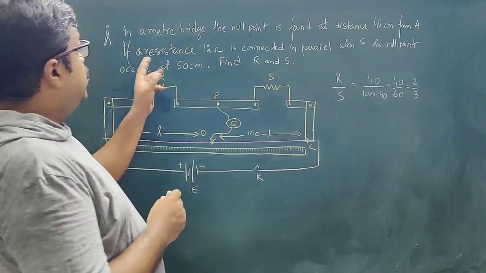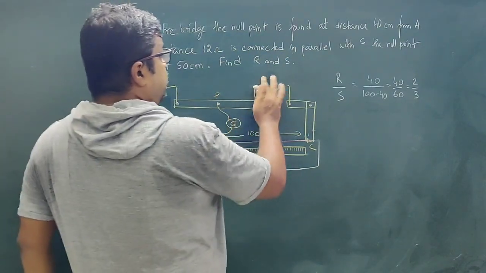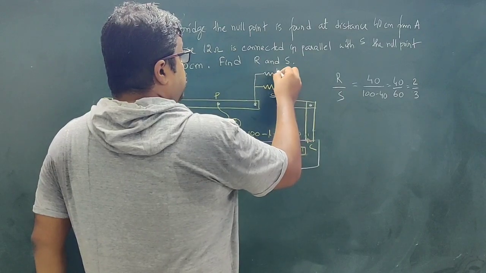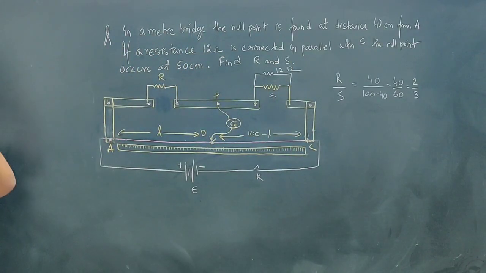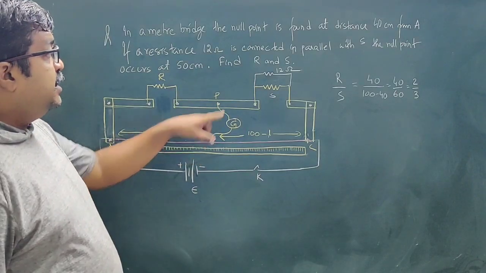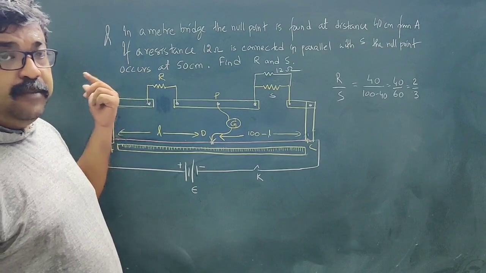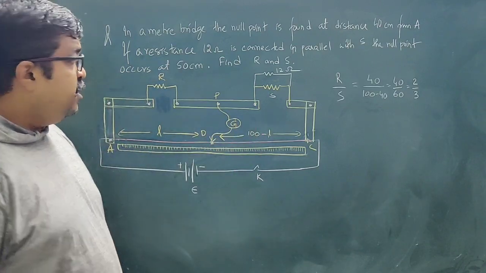The second condition is that a resistance of 12 ohm is connected in parallel with S. Now the null point, the balancing length, is at 50 centimeter. So if L is 50 centimeter, 100 minus L will also be 50 centimeter.